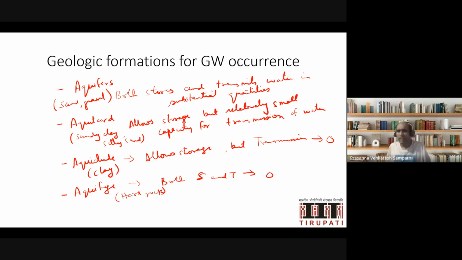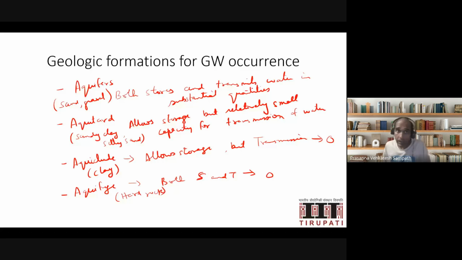If I have a very, very hard rock, it can neither store water nor transmit water. Of course, if it cannot store water, there's no question of transmitting, right? So these are the different kinds of geological formations and how they behave in the context of groundwater.